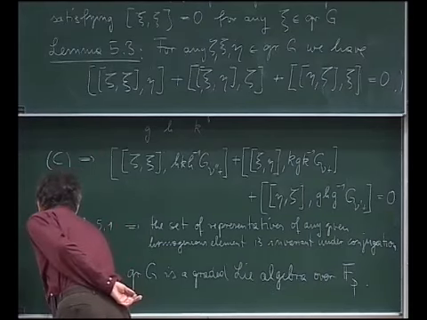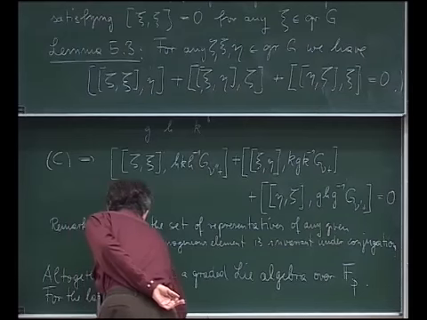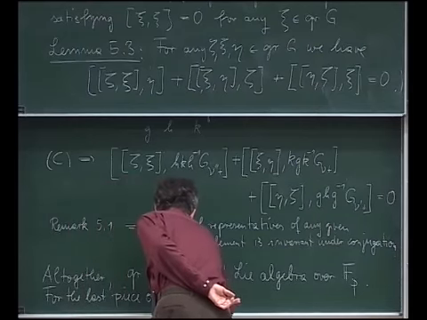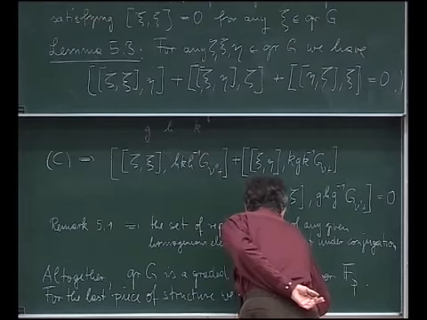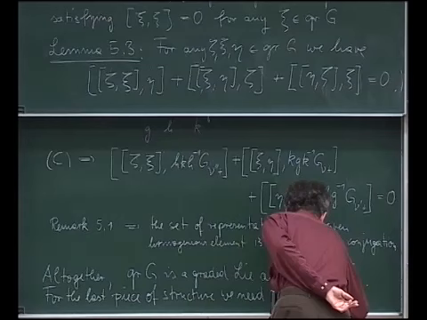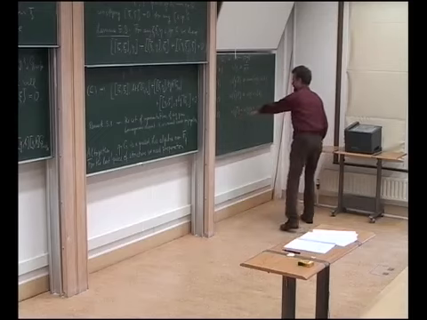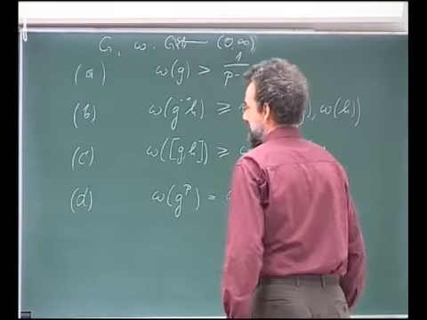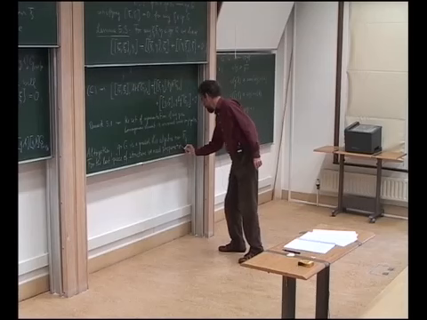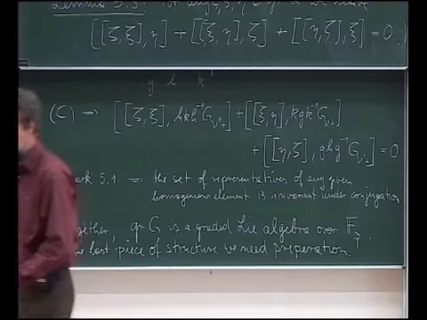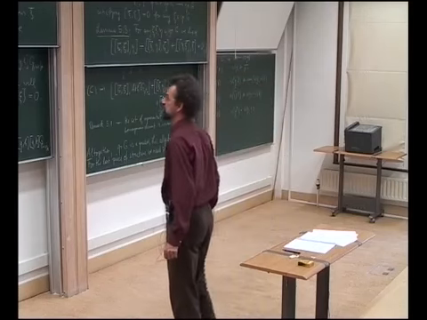But this is not the end of the story. The most important structural ingredient is still to come. For this last piece of structure, we need preparation. This is much less trivial. Of course, the idea is clear: we also want this to appear in the structure of this Lie algebra.